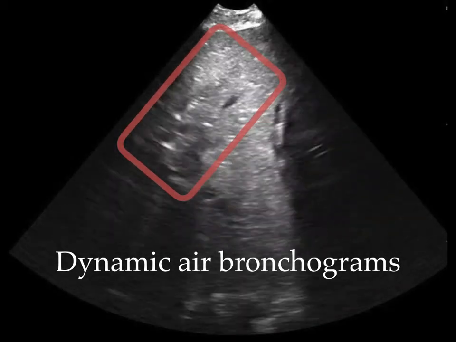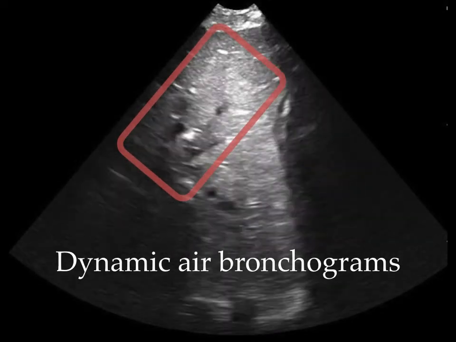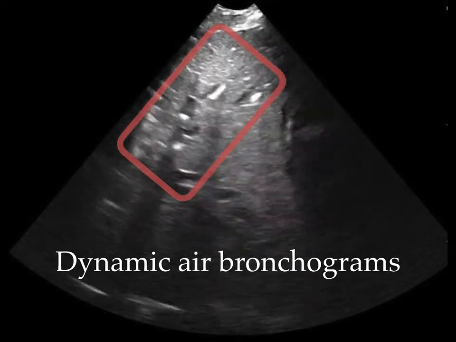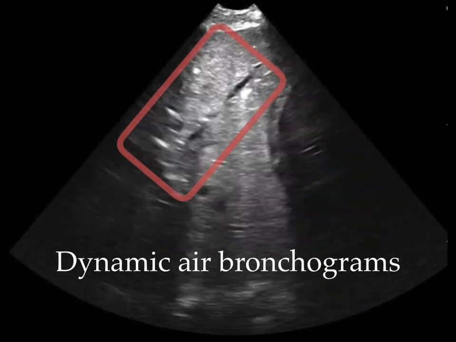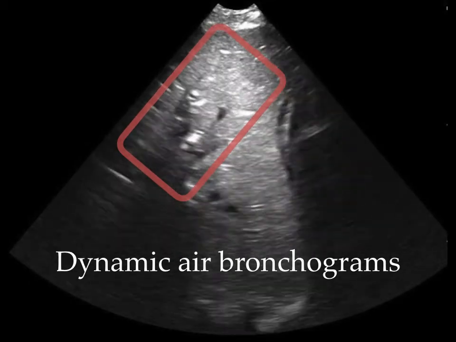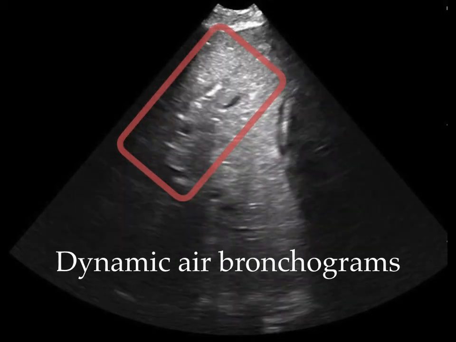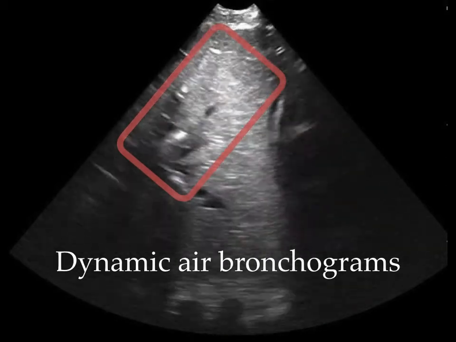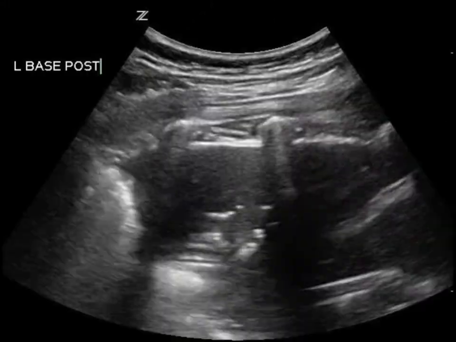What we're seeing are small bits of air moving through the actual bronchioles. This tells me that it's not atelectasis because I wouldn't see air moving if this were atelectasis. There are a couple other things on the differential diagnosis when you see a big consolidation like this, and seeing these dynamic air bronchograms really helps us know that we're working with an infection in the right clinical setting.